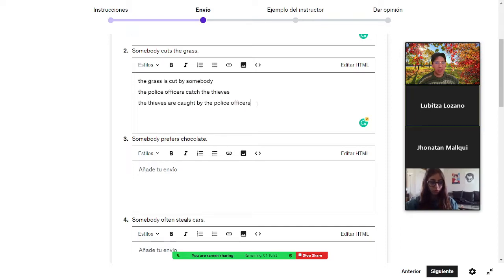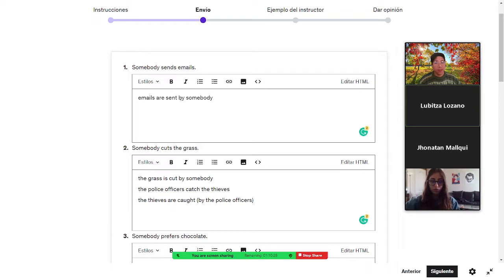Why? Because the information is obvious. When the information is obvious, you can omit it. If you want, you can write it, but if you don't, it's not necessary because it's obvious. Did you understand?